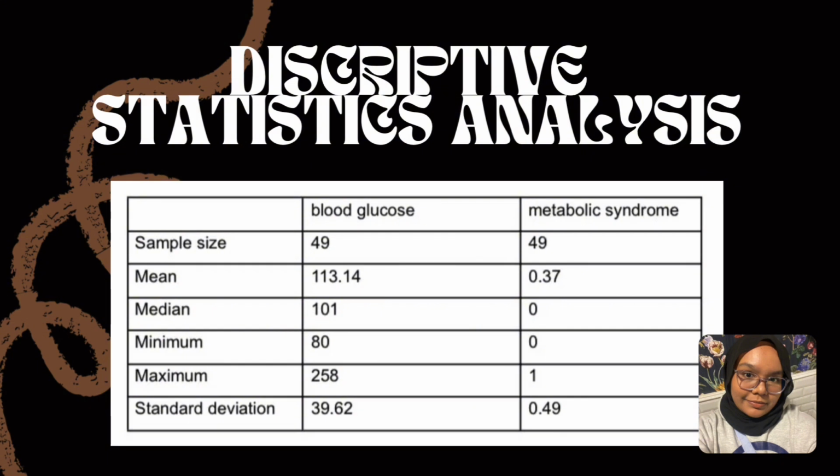The minimum and the maximum value of blood glucose is 80 and 258, while the minimum and the maximum value of the metabolic syndrome is 0 and 1. The standard deviation of blood glucose is 39.62 and of metabolic syndrome is 0.49.